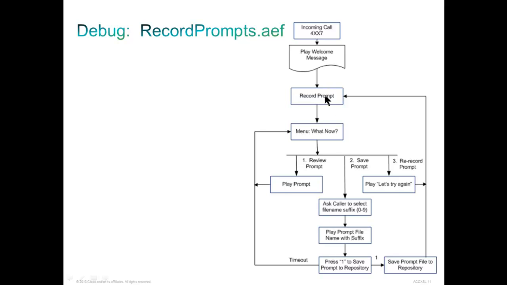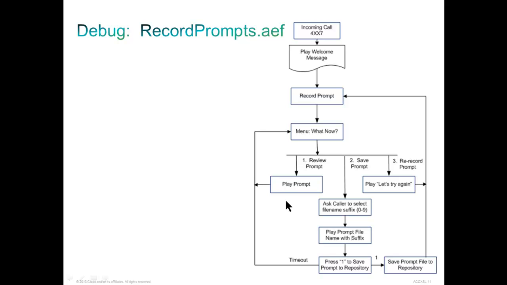We could have made this a pretty sophisticated prompt by giving one of the menu choices as being an exit out of the script, but we just decided to keep it convenient and loop around and continue on until the caller got as many prompts as he felt that he needed to record.